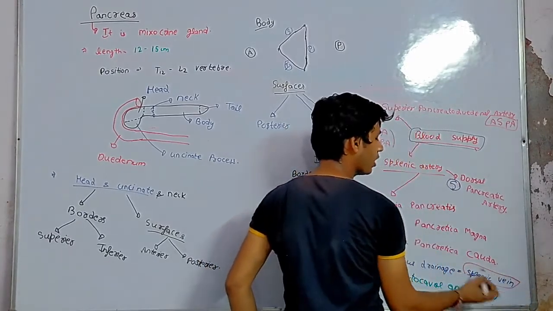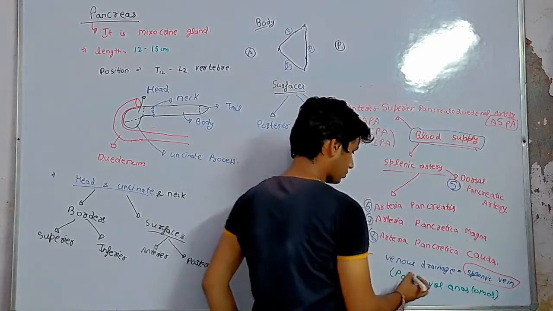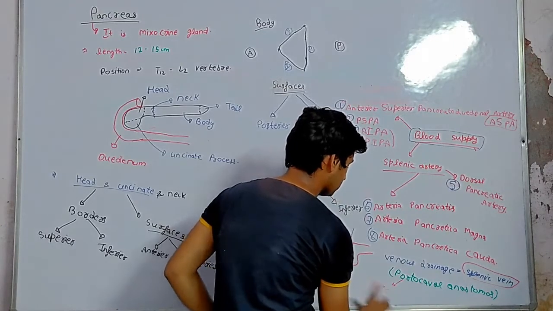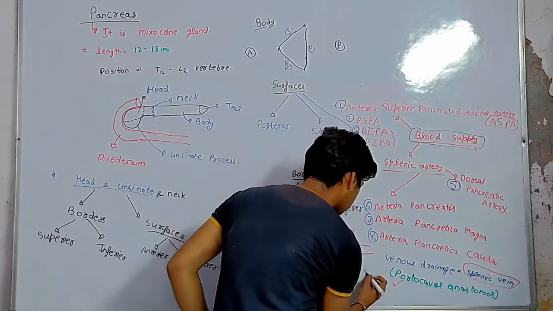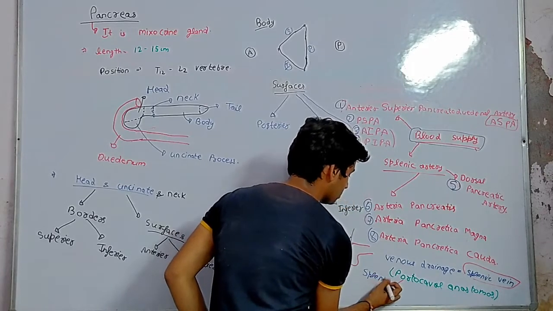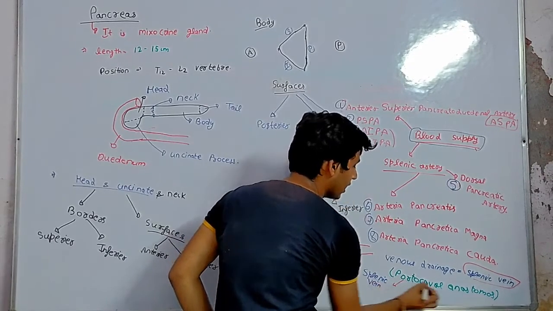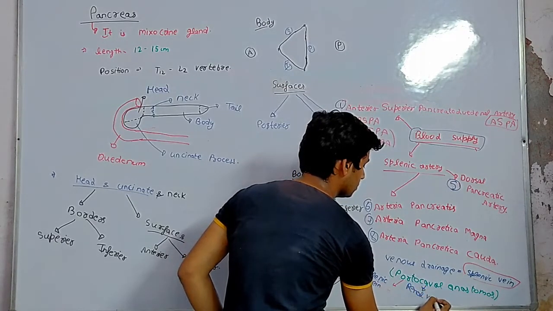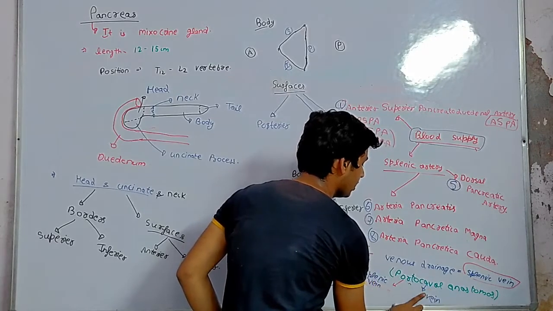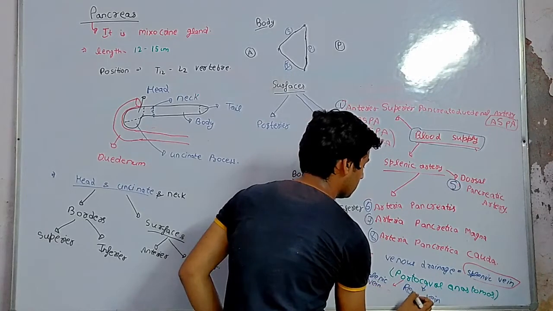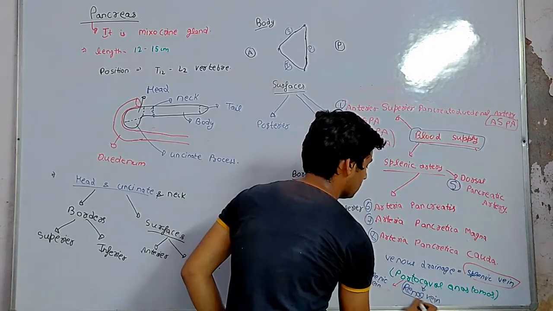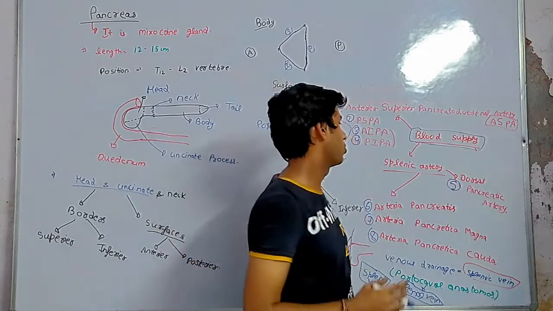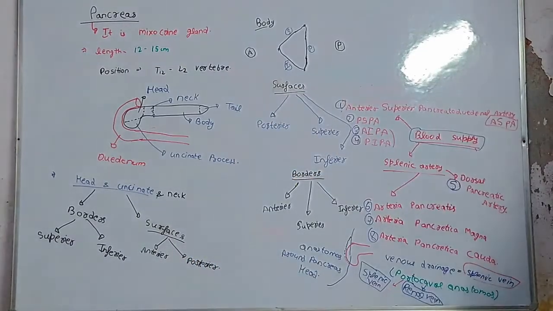The splenic vein is a branch of the portal vein, and the portal part is the splenic vein, and the caval part is the renal vein. This is the renal vein. Then splenic vein and renal vein. This is the site of portocaval anastomosis behind the spleen, the splenic region.